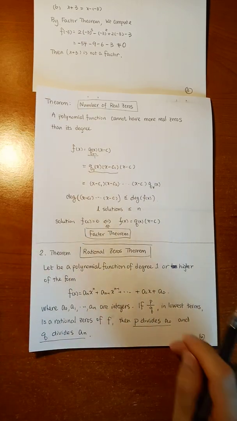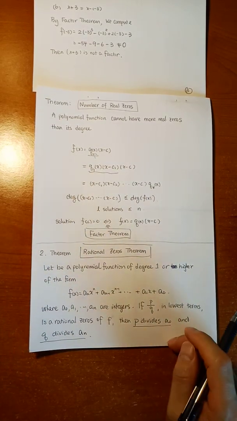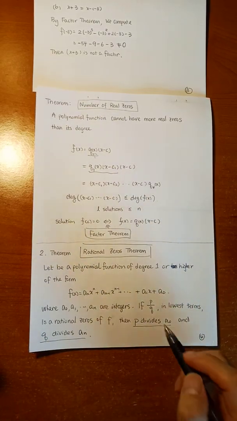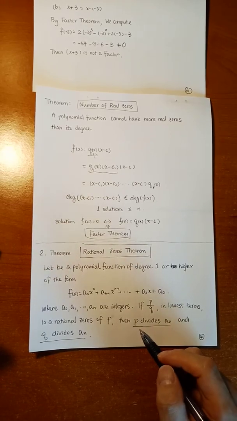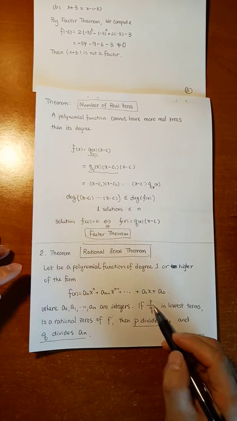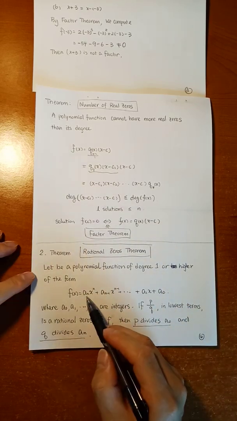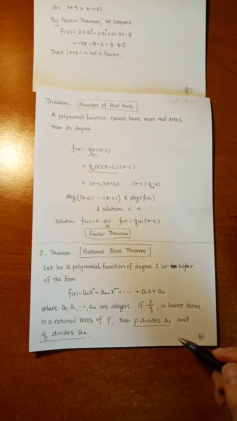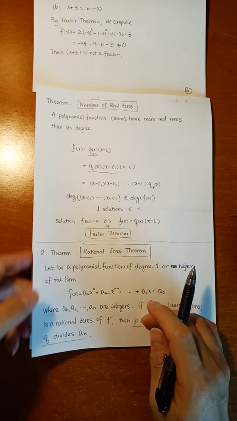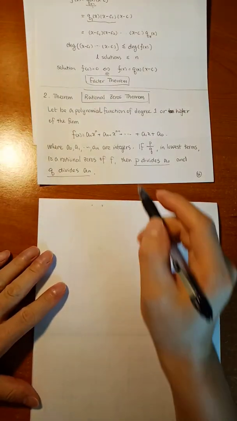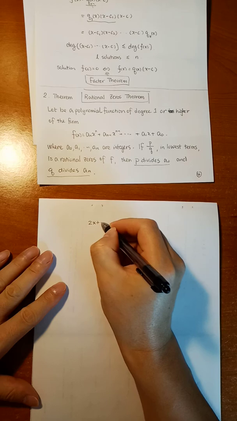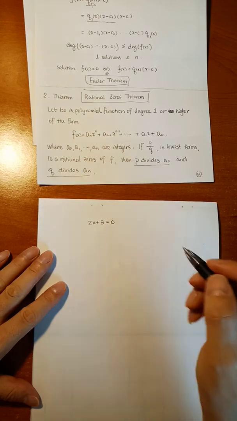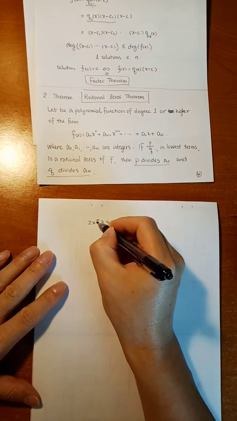Okay, so we are not going to prove it, but you have to memorize it. For integer coefficient polynomials, if you have a rational solution, the numerator divides the constant term, the denominator divides the leading coefficient. How do you memorize it? I give you a way to memorize it. You just pick up the simplest one: 2x minus 3 equals 0.